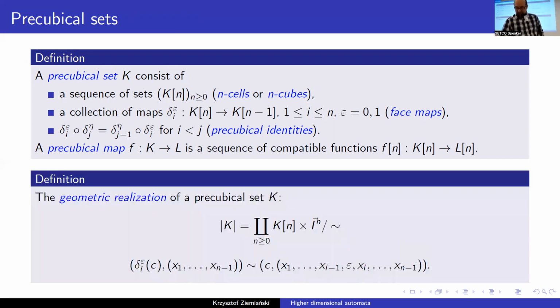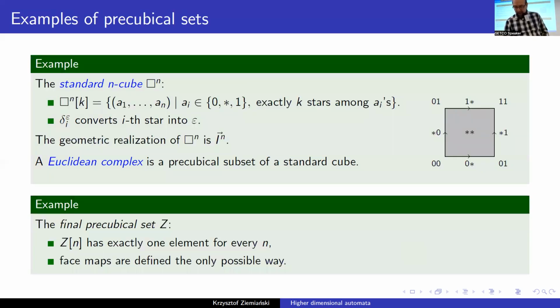And from this we can pass to geometric realization, which was also mentioned. From the purely combinatorial object, we pass to a genuine directed space by taking true directed cubes and gluing them in a suitable way. And again, there are two examples.